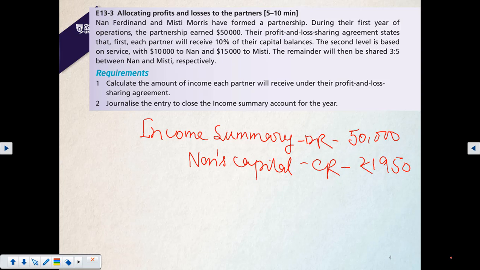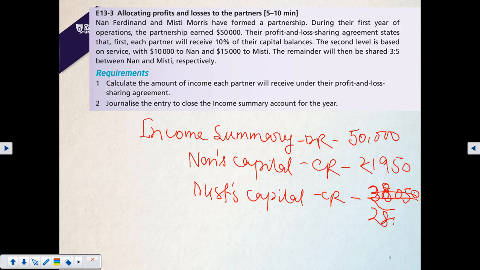And then Misty's capital, right? Remaining amount, that is going to be 30,050. Is that correct? No. 28,050. Write the journal entry very accurately, okay?